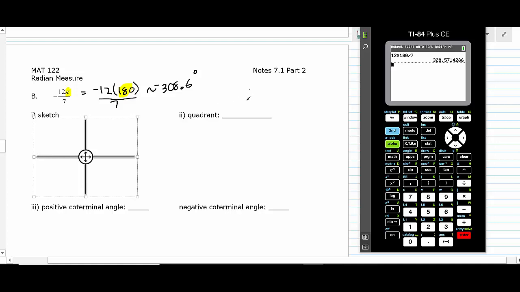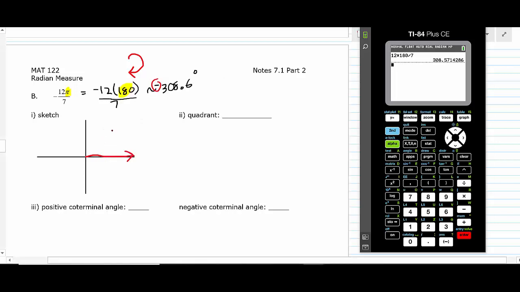So again, when we sketch this out, we always highlight the positive x-axis. Now, since it's a negative angle, which way do we go? We go clockwise, and we just count it out. So this would be negative 90, negative 180, negative 270, and about 38 more.